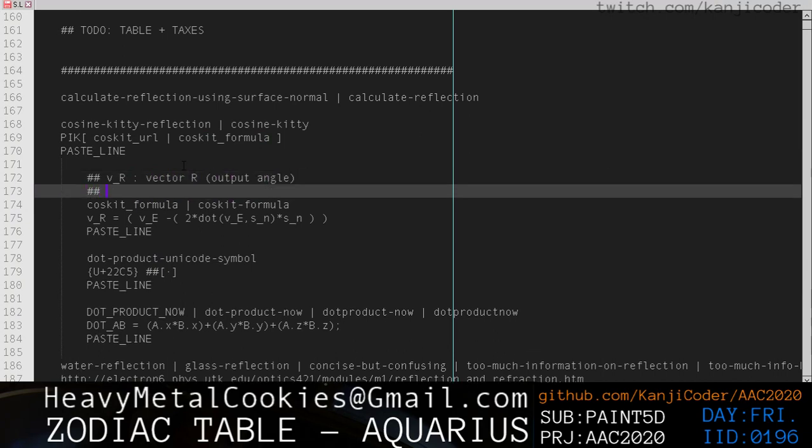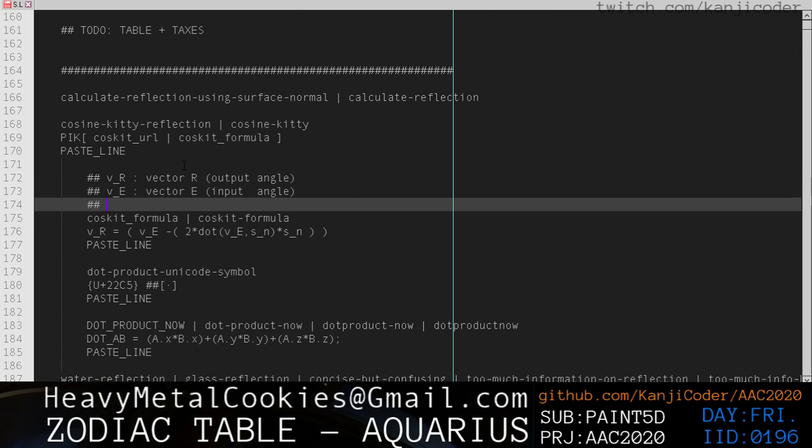VE is going to be vector E, input angle. And then SN is going to be surface normal. It must be normalized. Right, so that normal must be normalized for this to work.